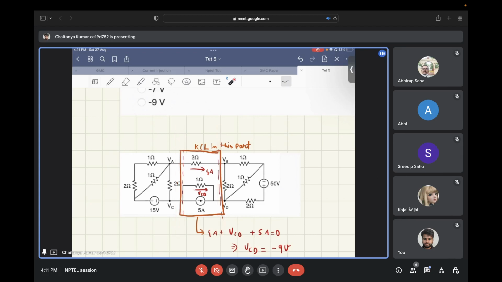You basically see that you are considering the cuts that are across the circuit.